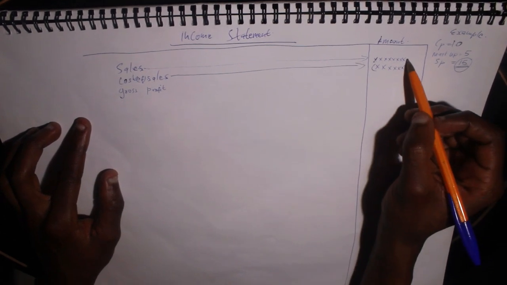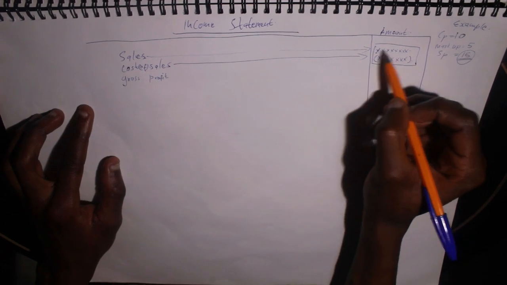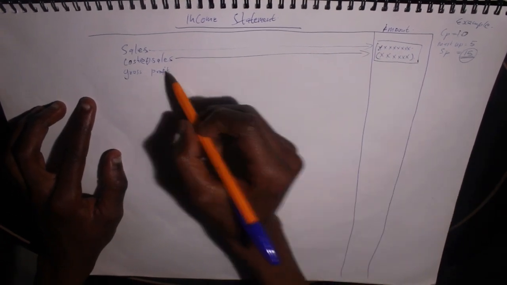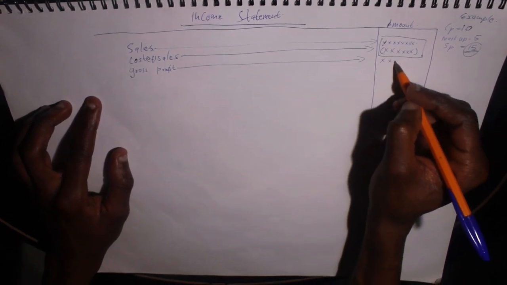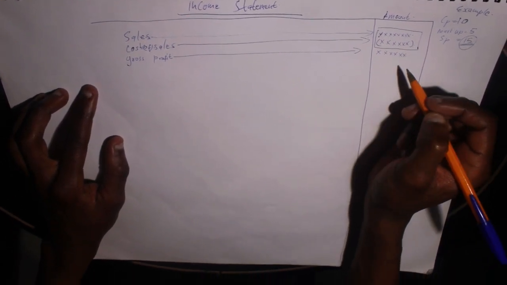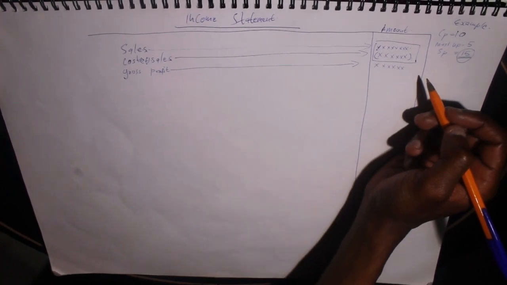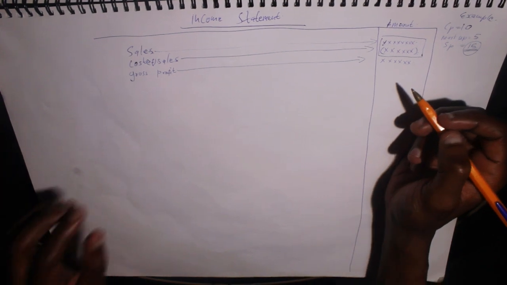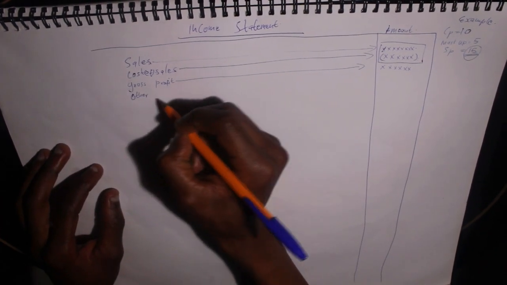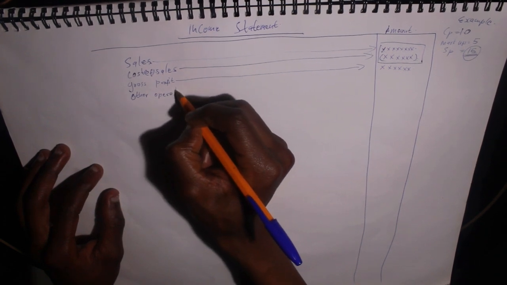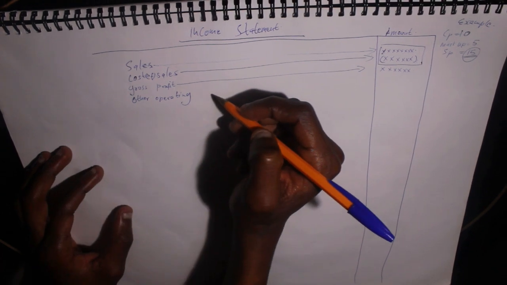So you simply say sales minus your cost of sales equals your gross profit, and you put it there. I hope we are moving together and we are on the same page. From there, we move to the next step, which is other operating income.